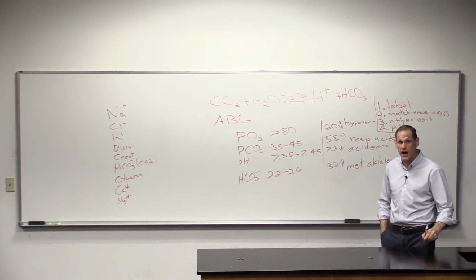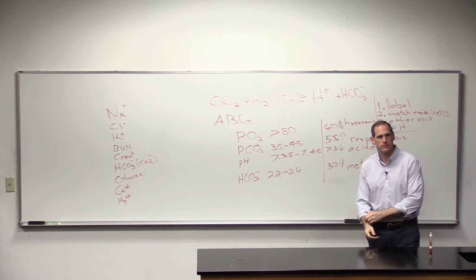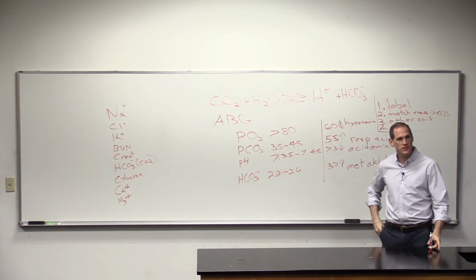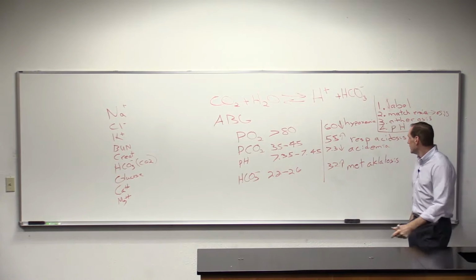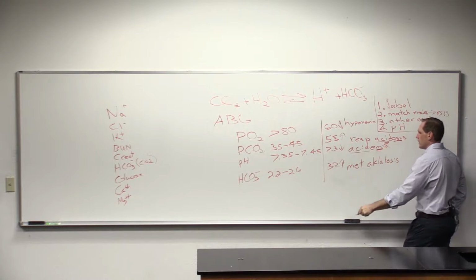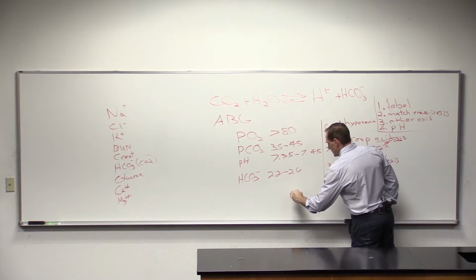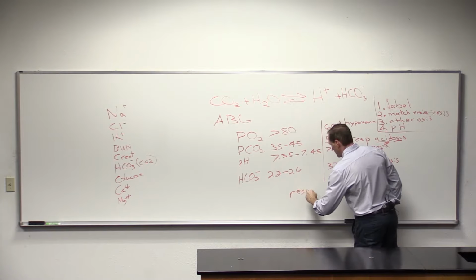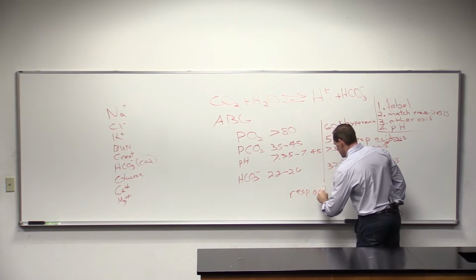Which one of them is causing the problem? Respiratory acid. Okay, so acid, acid. So we're matching the emia to the osis. So our problem is respiratory acidosis.